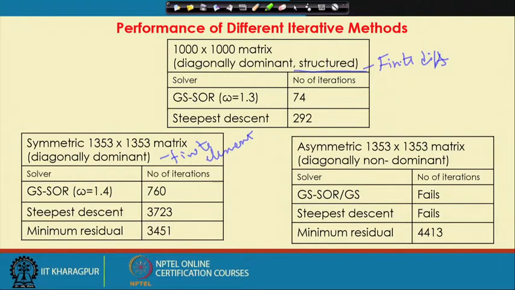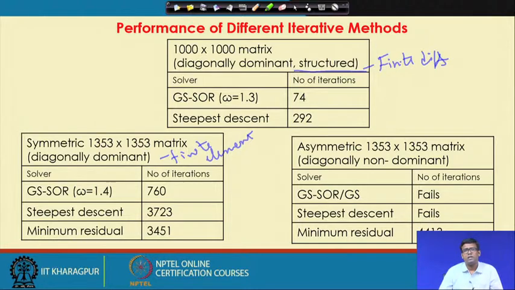And minimum residual has a performance similar to steepest descent in most of the cases, but in one particular case, when the matrix is non-symmetric and also not diagonally dominant, minimum residual works and the other two methods fail. So, we can utilize the minimum residual method for non-symmetric or non-diagonally dominant matrices, but in other cases we will be restricted to using GS SOR because this gives us the best performance, and we will be restricted by the optimum SOR factor; we cannot get better performance.